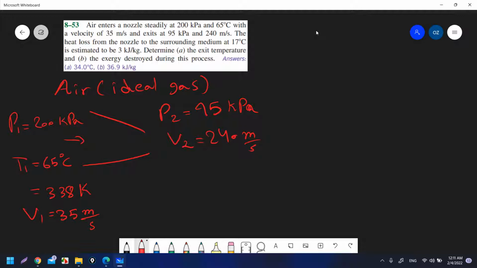The heat loss from the nozzle to the surrounding medium, so we have heat loss Q out, and it is a small q because he will say it is 3 kilojoule per kilogram, so it is per unit mass. To the surrounding, the temperature of the environment is 17 degrees Celsius or 290 Kelvin.